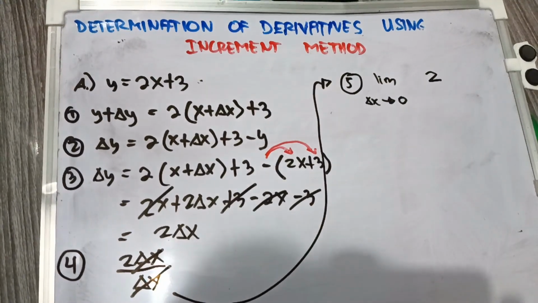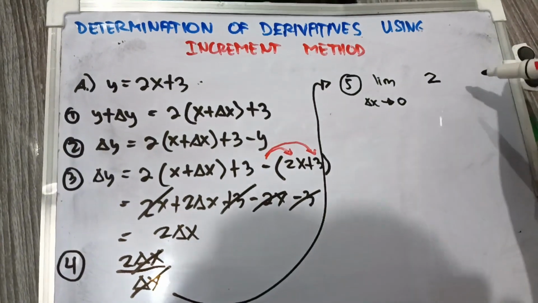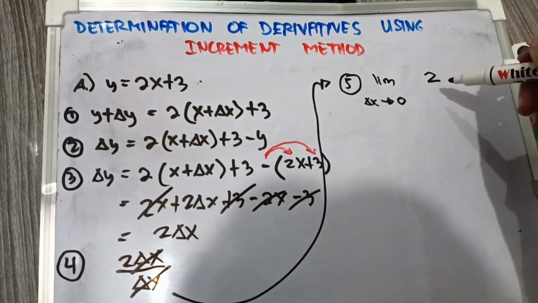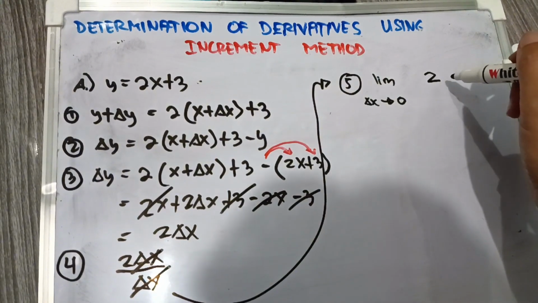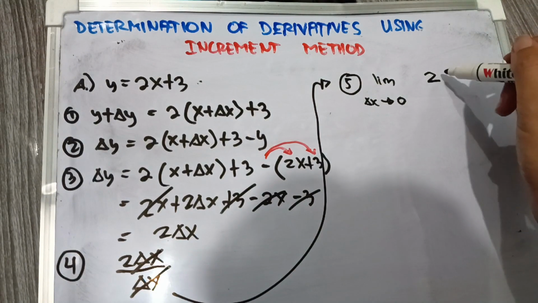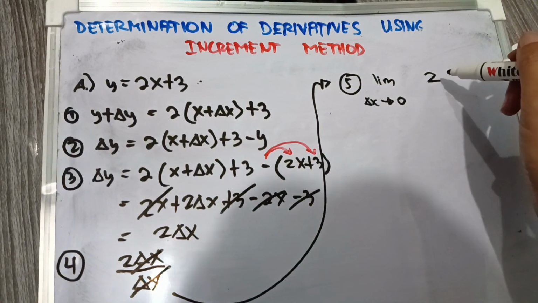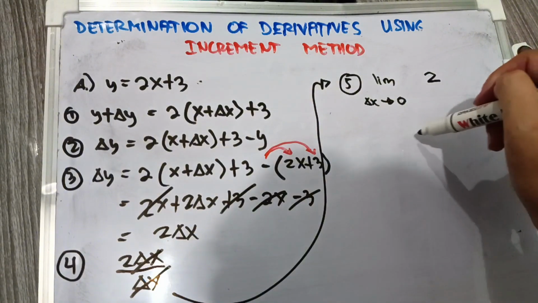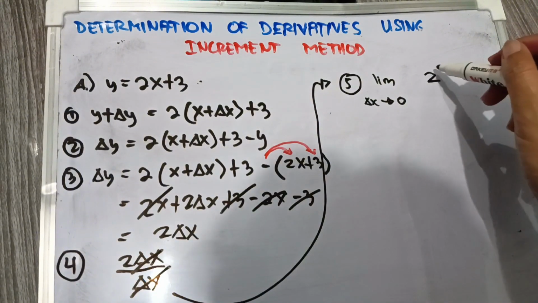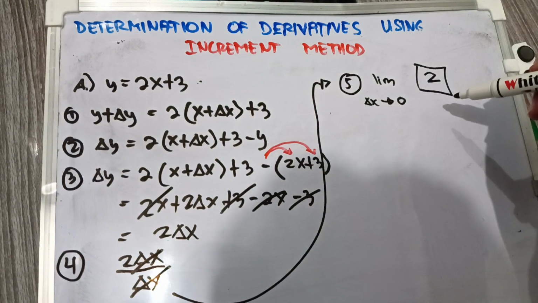In here, we have no variable left. There is no delta x left in the equation. So the value of a constant is always a constant. So the answer is 2. Okay?